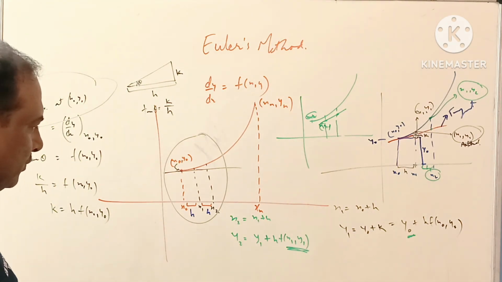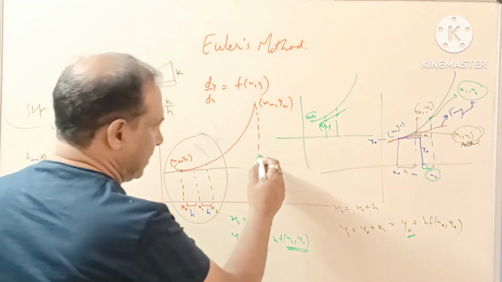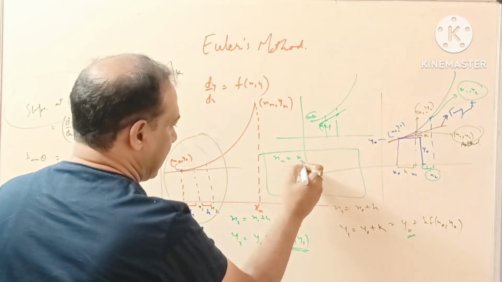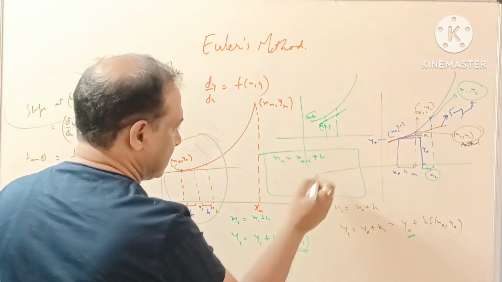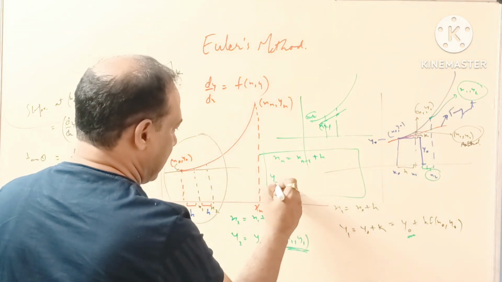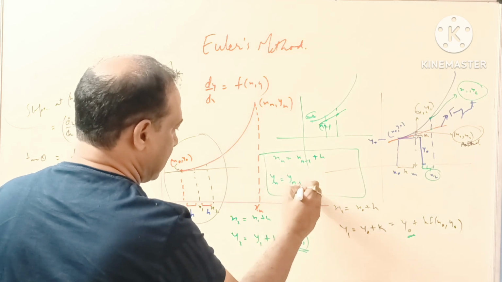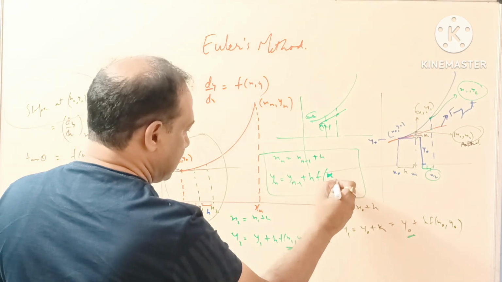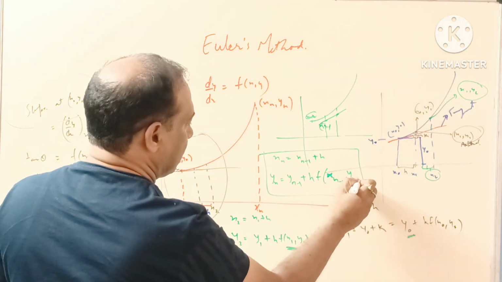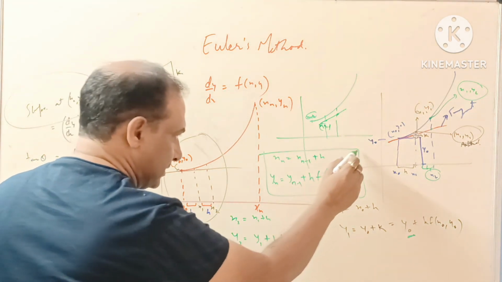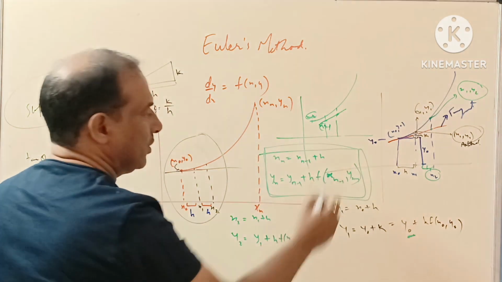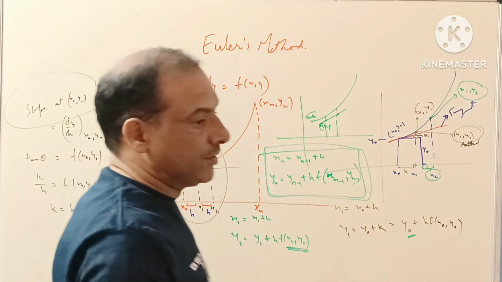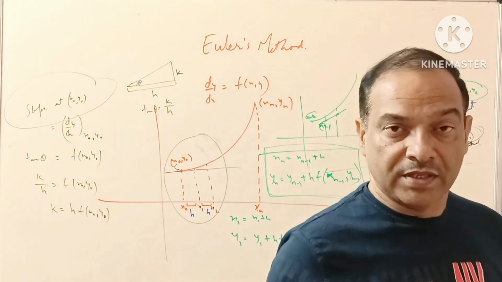If I have to find the value for xn, then for xn I will have x(n-1) plus h, and for yn I will have y(n-1) plus h times f of x(n-1), y(n-1). This is the required solution of the Euler method, and this is the complete geometrical interpretation of the Euler method.